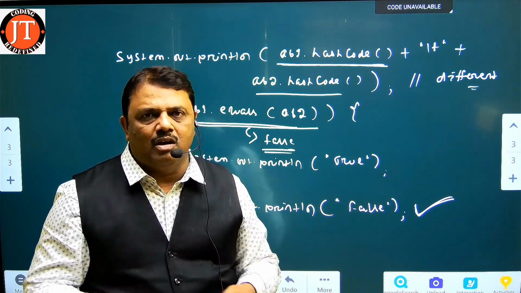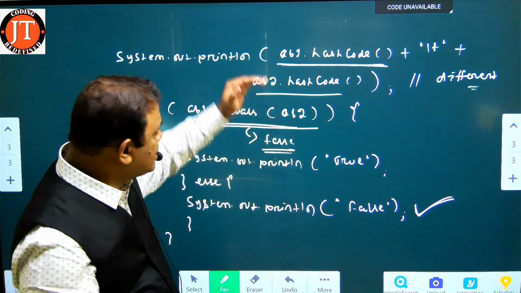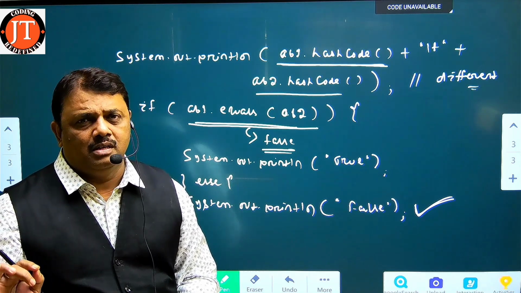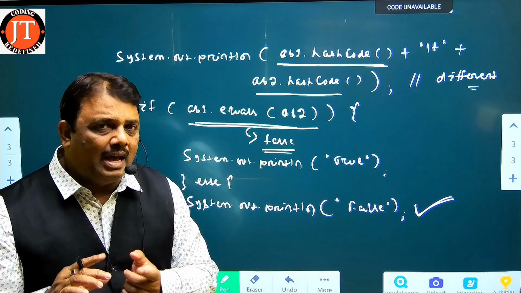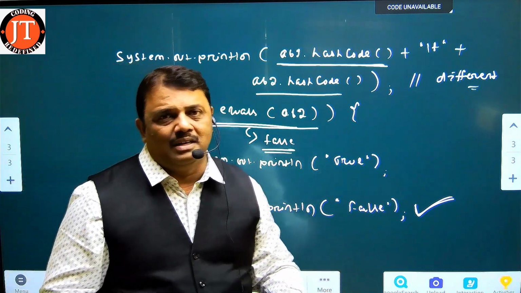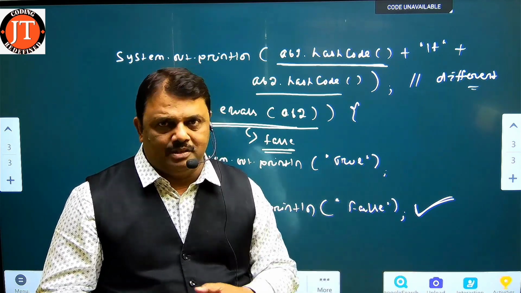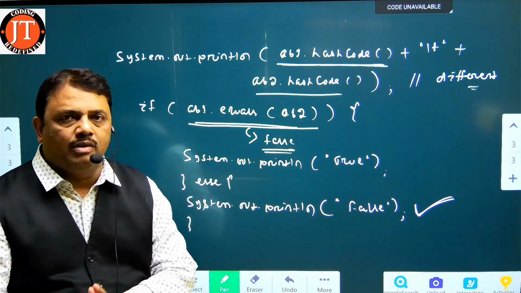Are you getting it? This is the way you explain what actually happens in Java. The Object class has a pair of methods. Pair means one method performs the job by using another method. They are a pair of methods. One is hashCode, another one is equals.